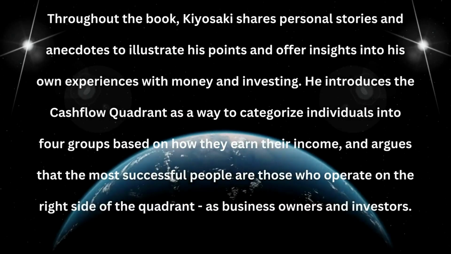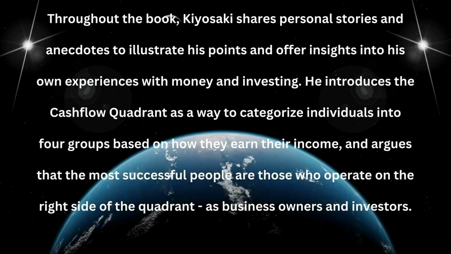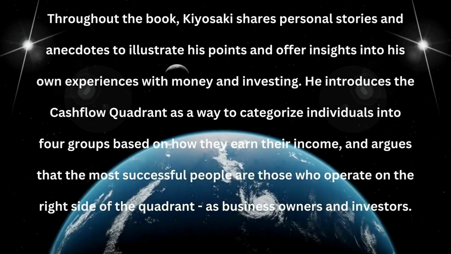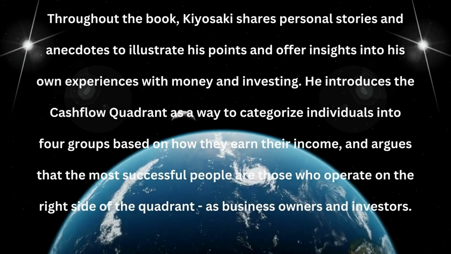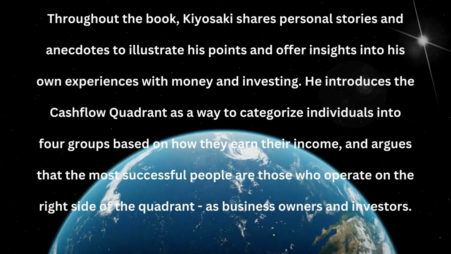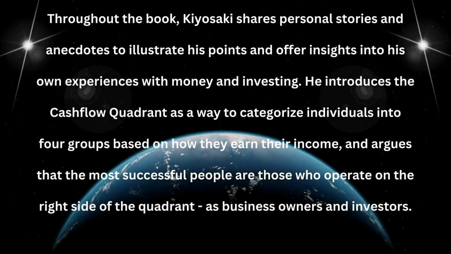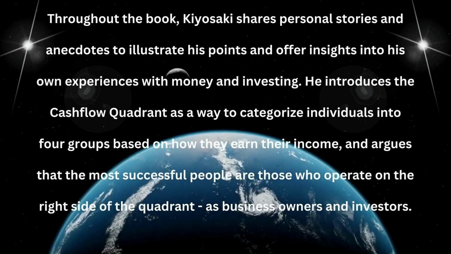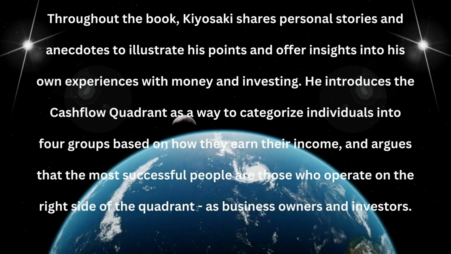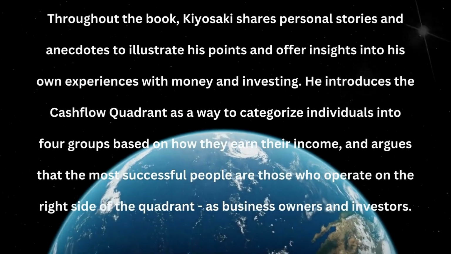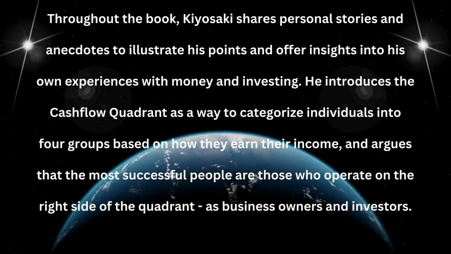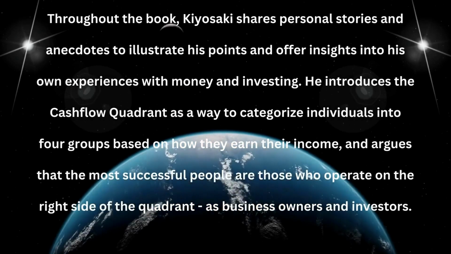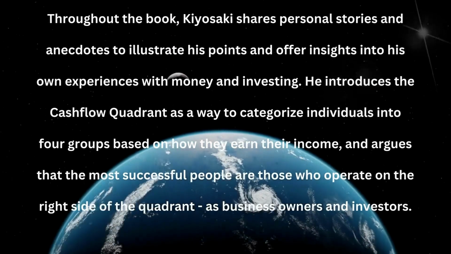Throughout the book, Kiyosaki shares personal stories and anecdotes to illustrate his points and offer insights into his own experiences with money and investing. He introduces the cash flow quadrant as a way to categorize individuals into four groups based on how they earn their income, and argues that the most successful people are those who operate on the right side of the quadrant, as business owners and investors.